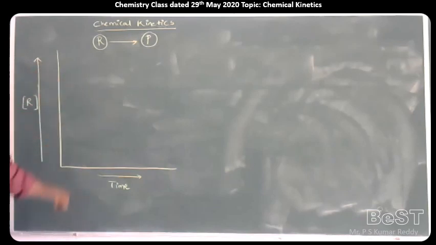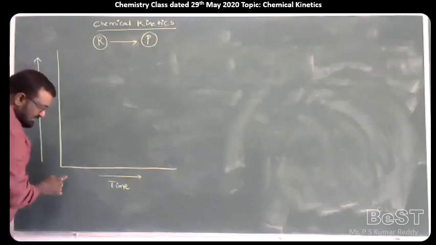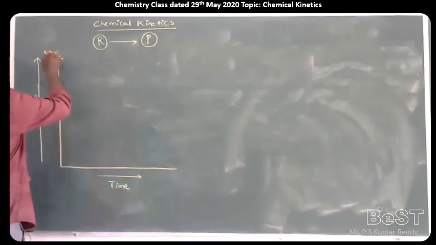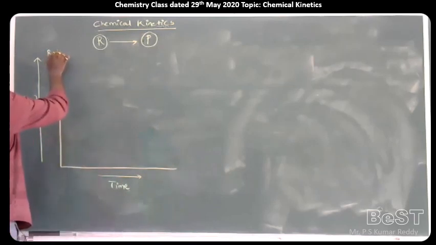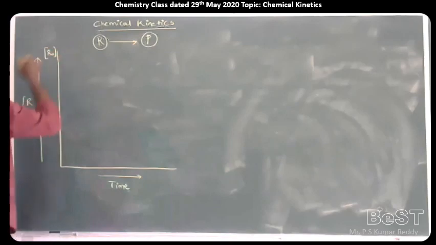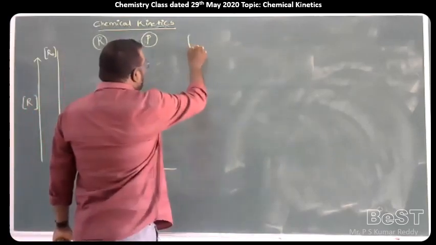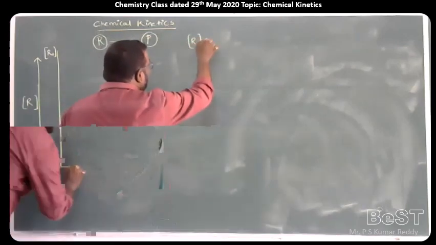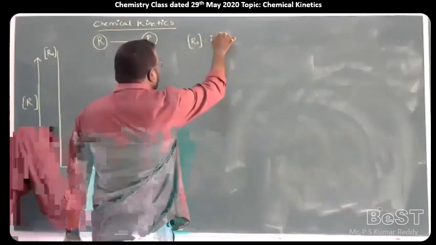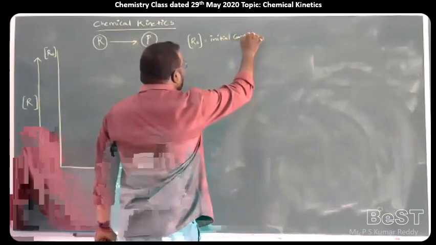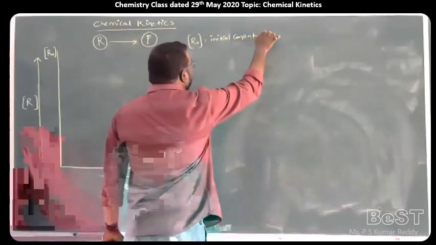So the concentration of the reactants is increasing like this, and this is the increase in time. Now, this is R naught. R naught represents the initial concentration.